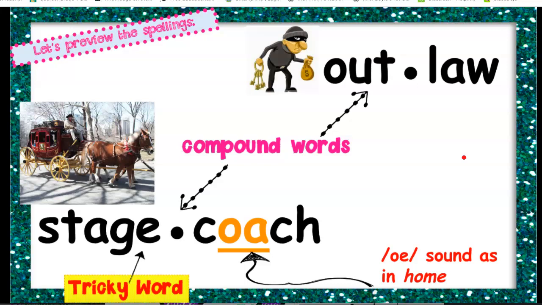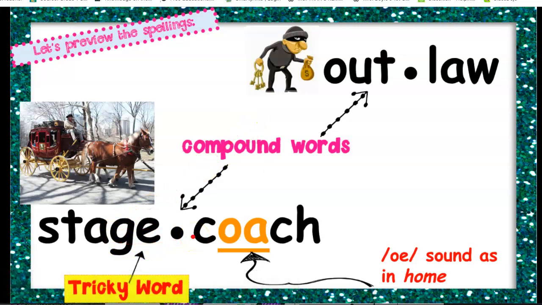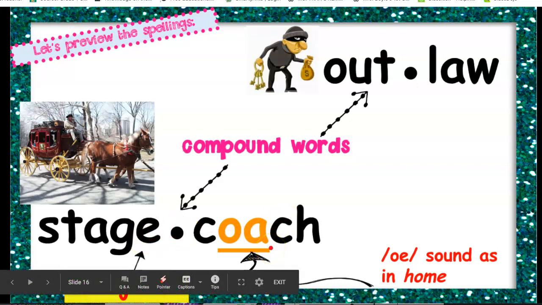Now let's look at a few of these tricky words, a few of these vocabulary words that we're going to find. So this word stagecoach. Stagecoach. Stage is a tricky word. And this word coach is also a bit tricky because it has the O sound like in the word home, but it's spelled with the letters O and A. So in this word coach, the letters O-A make the O sound like in home.